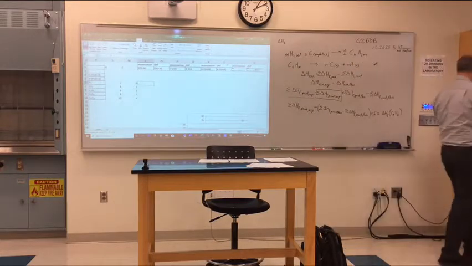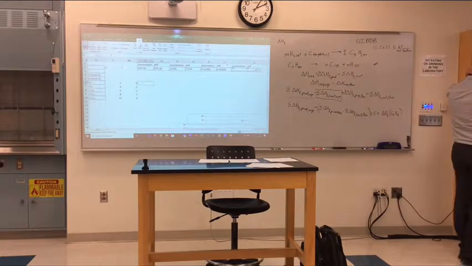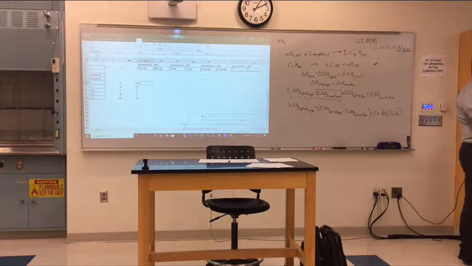So for hydrogen, this would be equal to... I'm going to put a set of parentheses around our products, get all those together, and then minus parentheses around all our reactants. So this one will be equal to the column that has the number of hydrogens.